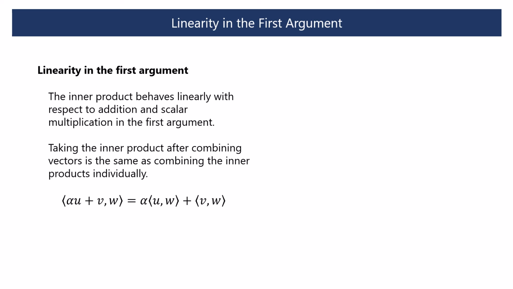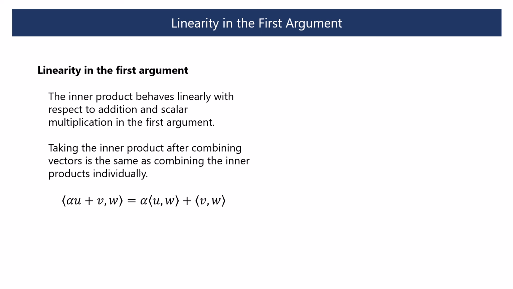Next, let's focus on another property: linearity in the first argument. This property can be expressed by this equation. This means that the inner product behaves linearly with respect to addition and scalar multiplication in the first argument.